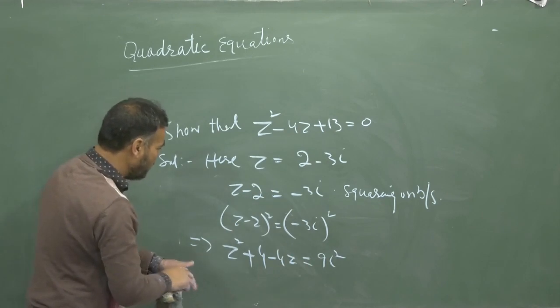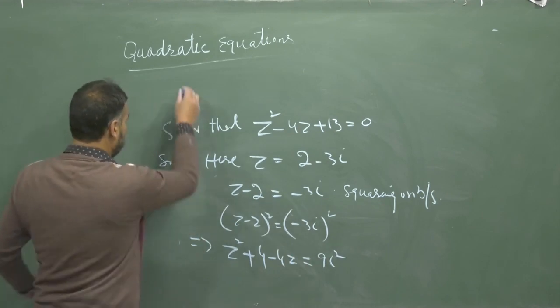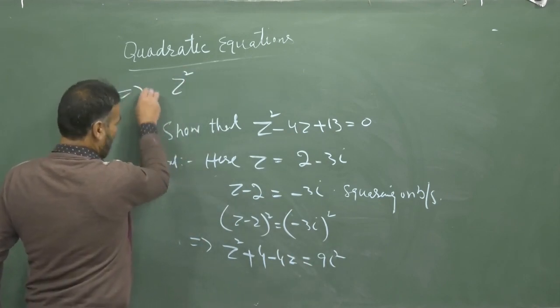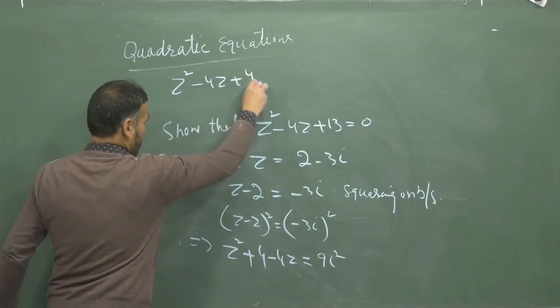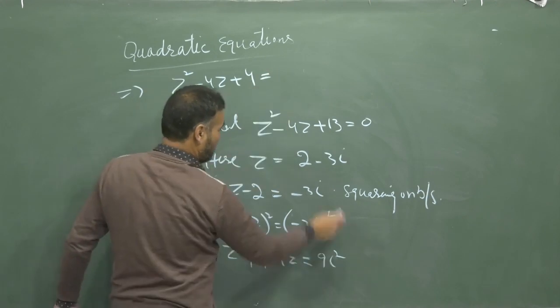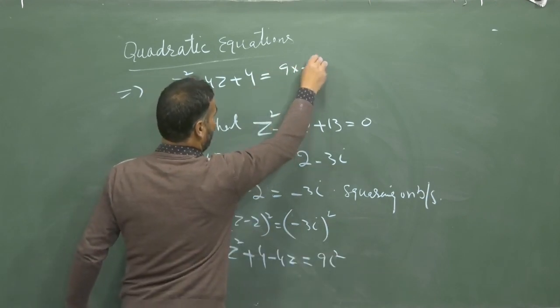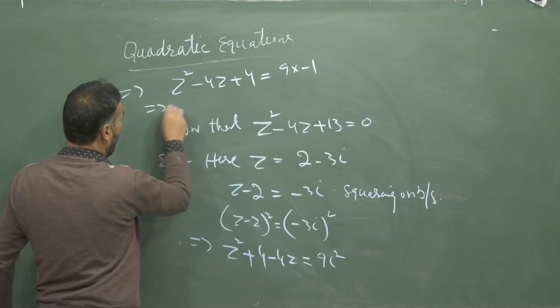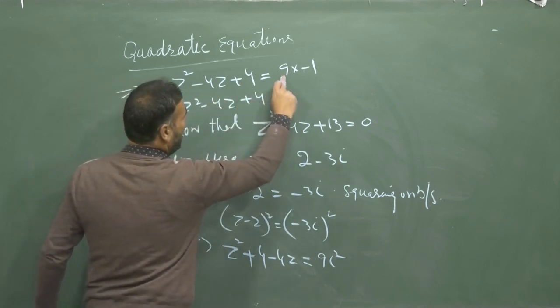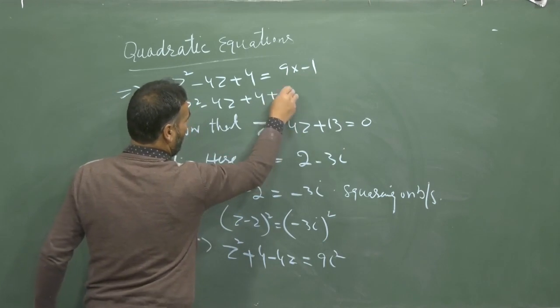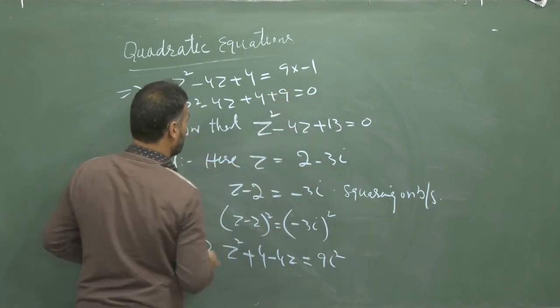So can we say it is z square minus 4z plus 4 equal to 9i square, which will be 9 into minus 1. It is z square minus 4z plus 4 minus 9, you can transpose it, equal to 0.